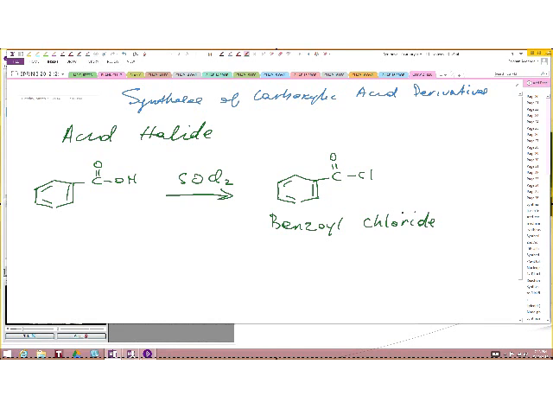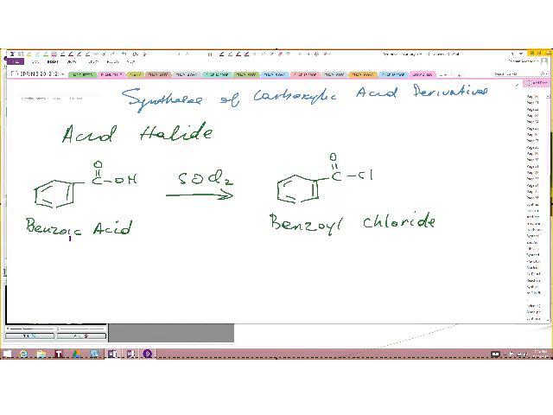Now, how do we derive that name? To derive the name of the acid chloride or acid halide, you take a look at the name of the corresponding carboxylic acid. In this case, the corresponding carboxylic acid is benzoic acid.